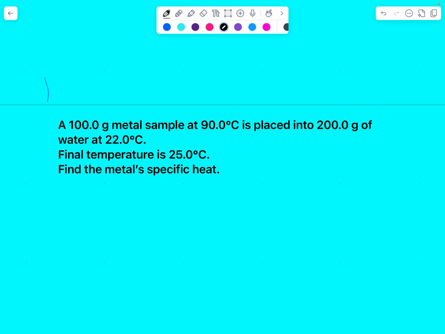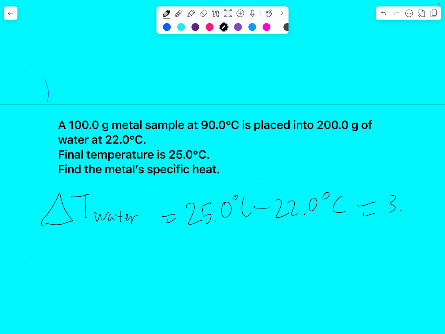So let's do delta T of water. Final minus initial, so we're going to say 25.0 minus 22 degrees Celsius. That's 25 minus 22, 3. So 3.0 degrees Celsius.